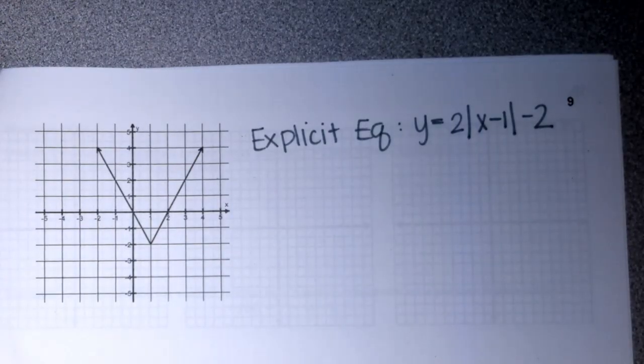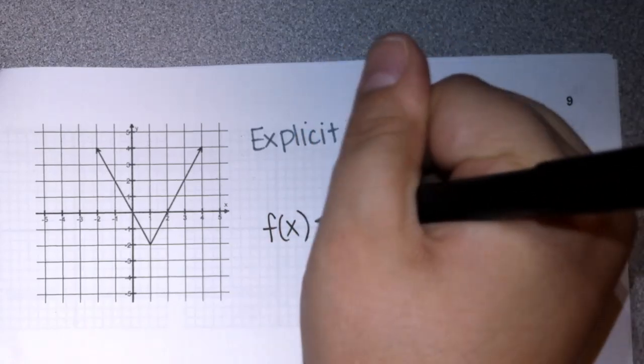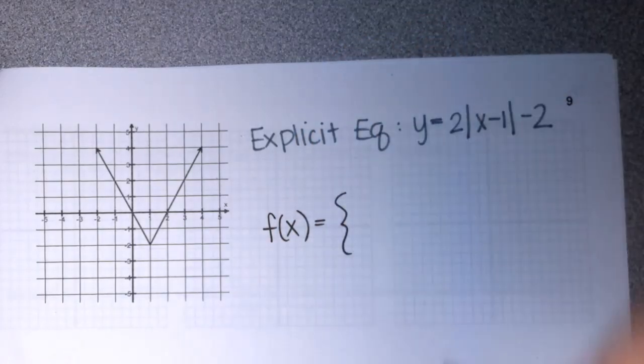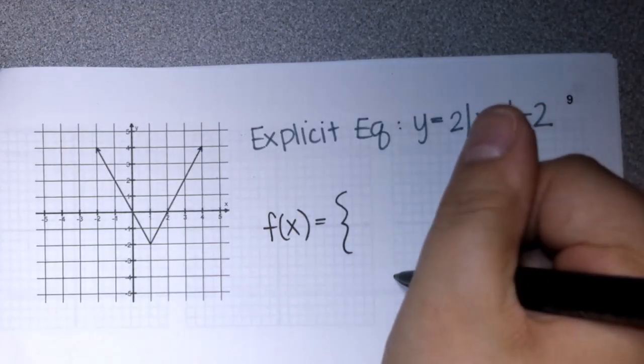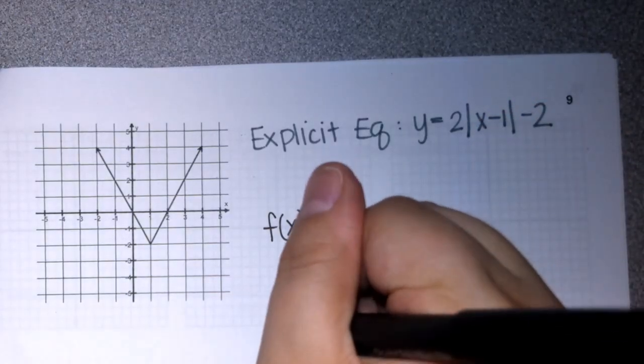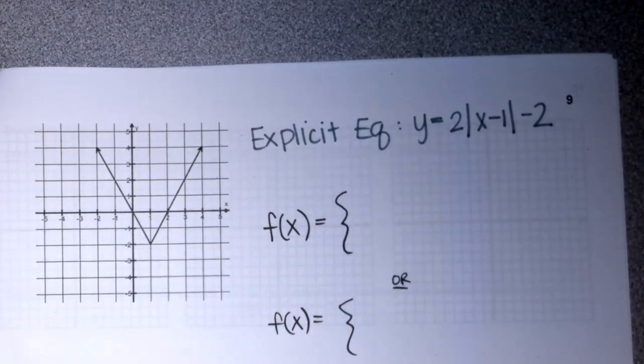But what if I want you to write a piecewise function out of this? Could you do that? And I want your piecewise function to be 2 different types of equations. Go. You're giving me 2 different equations.